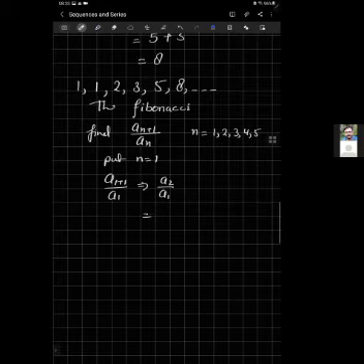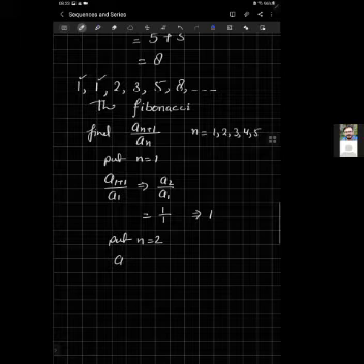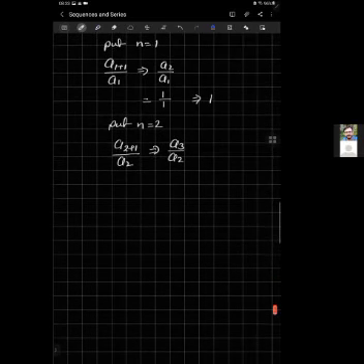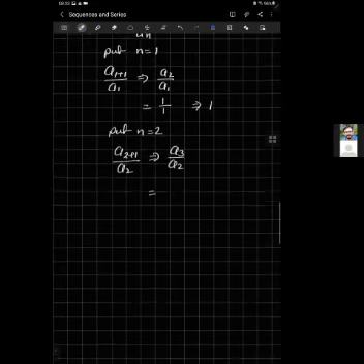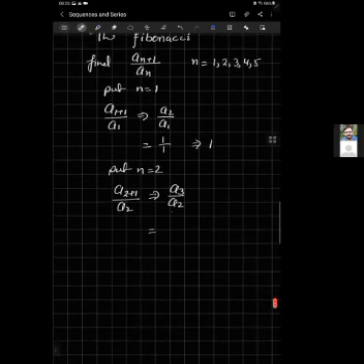The value of a2 and a1 both are 1. So we are getting it as 1. Next, put n equals to 2. It will be a3 upon a2. The value of a3 from the sequence is 2 and a2 is 1. So this implies it is 2.